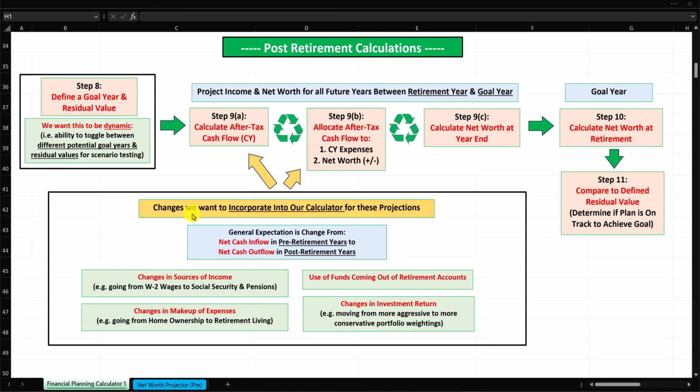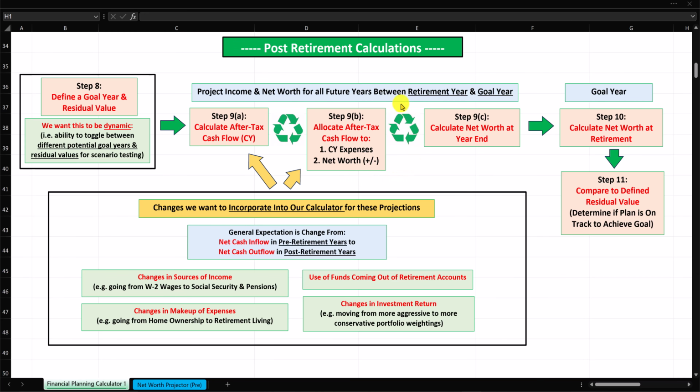Now, changes that we want to incorporate into our calculator for purposes of the post-retirement projections are going to be as follows. The first one, the general expectation, is a change from net cash inflow in pre-retirement years to net cash outflow in post-retirement years. So for example, generally speaking, in this equivalent step in the pre-retirement years, I would expect net worth to be increasing as we allocate our after-tax cash flow.